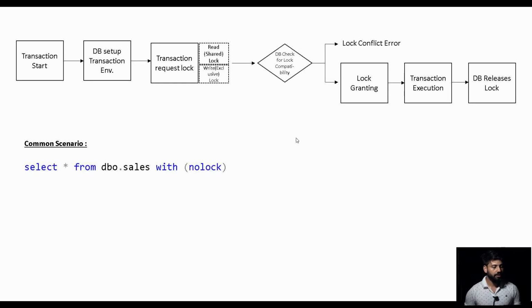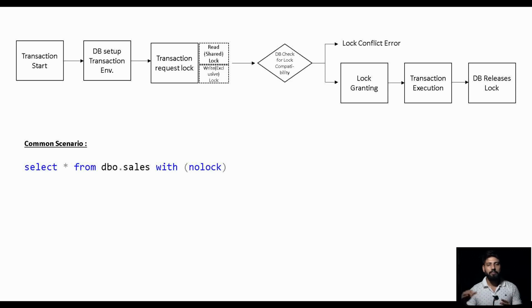So moving ahead with the next slide, how does the whole process go? It starts with the very first step, that is transaction start. Of course, the transaction will start. Then the DB sets up the transaction environment. Whenever a transaction starts, your database recognizes that transaction and sets up an environment for a particular user.